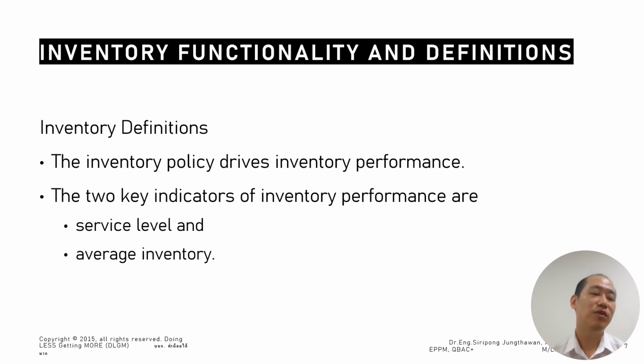So, inventory definition: the inventory policy drives inventory performance. So you can change inventory policy to change inventory performance. When you look at inventory performance, you have to check the numbers with the financial and accounting model first, and then you change policy to change performance. The two key indicators of inventory performance are, first, service level, or sometimes we call it SLA, service level agreement, and the second one is average inventory.